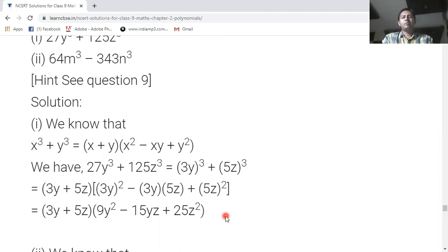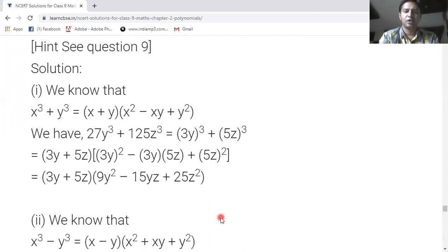That is, (3y plus 5z) times ((3y) square minus 3y into 5z plus (5z) square). Now 3y plus 5z is as it is. (3y) whole square is 9y square, 5 3s are 15yz, and (5z) square is 25z square. This is the factorized form of the question given.